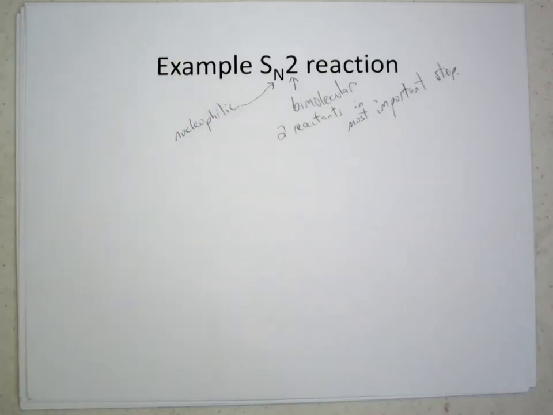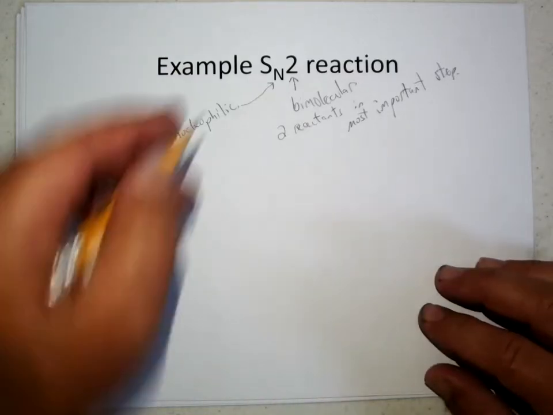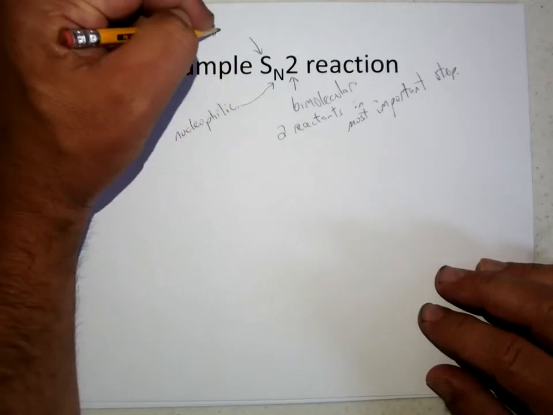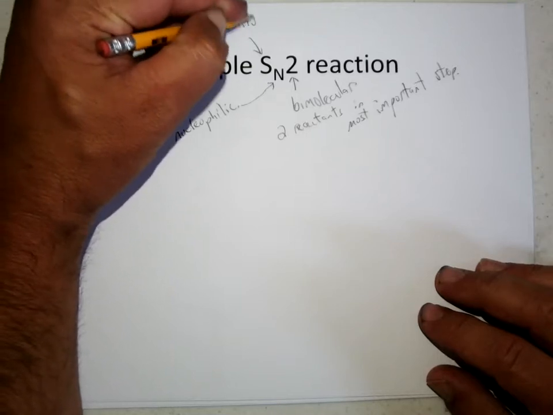When we were looking at electrophilic aromatic substitutions, we had electrophiles coming in and forcing some chemistry to happen. With SN2, it's a nucleophilic reaction, meaning we have a nucleophile coming in and getting involved with the reaction. And then the big S means substitution.